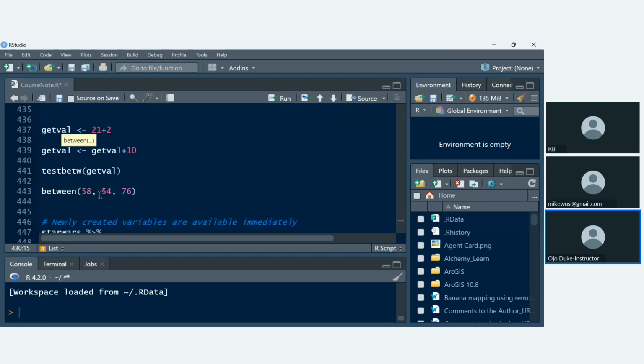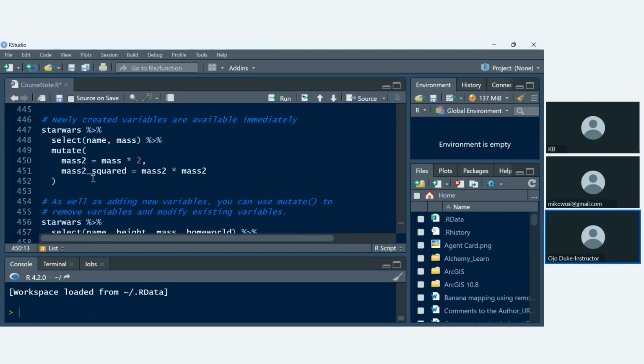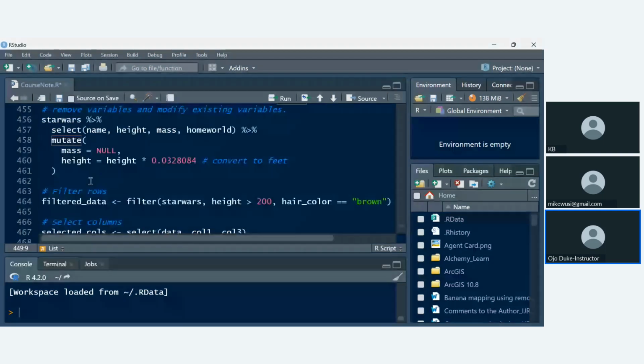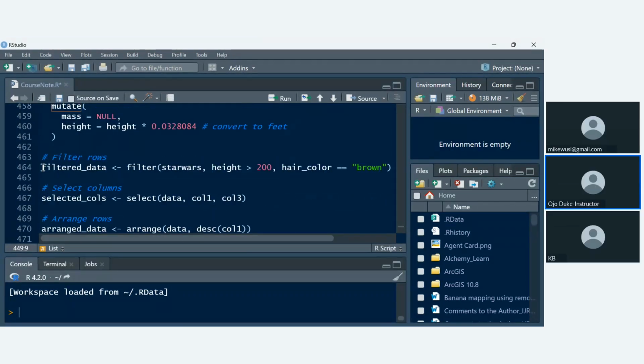We went further to design functions. As part of the dplyr package, we looked at the Star Wars data, and using that, we were able to use the select function. We used the mutate function to be able to create new columns in our table.